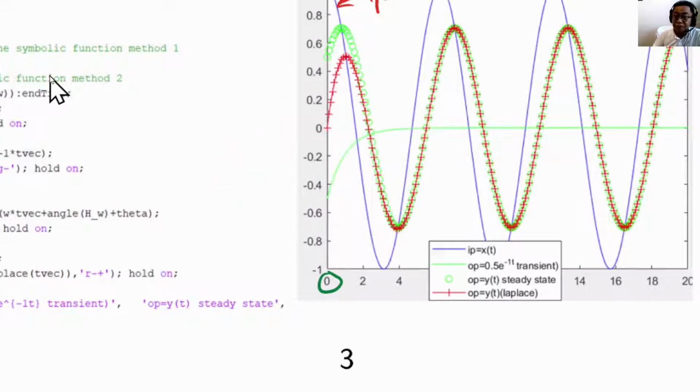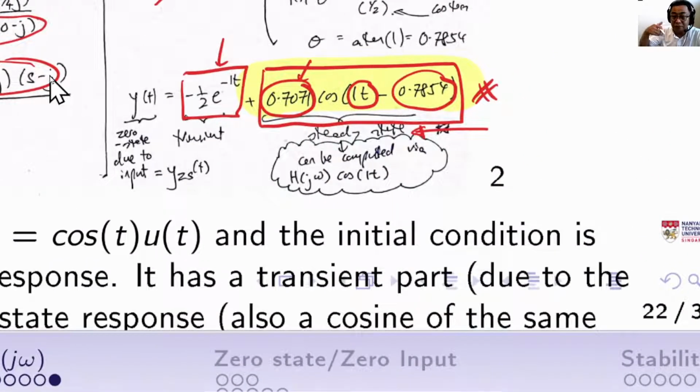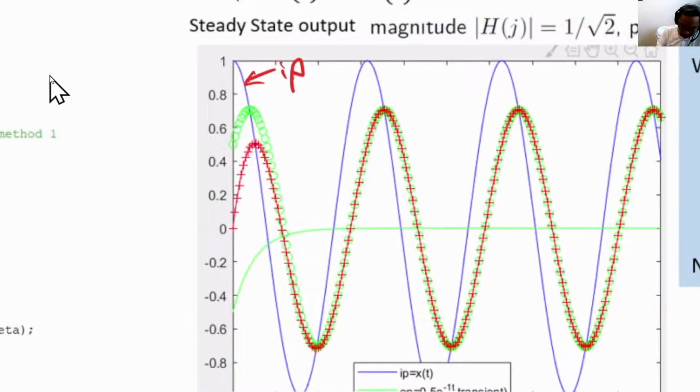What about the steady state? We saw that the steady state is this equation here. The amplitude is 0.707 with a phase shift of minus 0.7854. I worked this out; this is about minus 45 degrees. So we have the cosine with amplitude 0.7071, and the phase shift between here and here is a delay of minus 45 degrees.